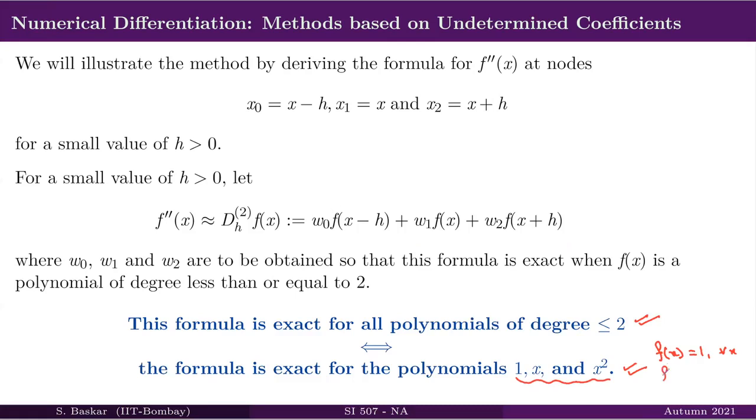And similarly, if f of x equals x, then also it gives the exact value, and if f of x is equal to x square, then also the finite difference formula is supposed to give the exact value for the double derivative of f, right? So you hope to get 3 equations by imposing these 3 conditions. And in our general form, we have 3 unknowns. Therefore, we hope to solve these 3 equations and get these 3 unknowns. Let us go ahead and put these 3 conditions and see how these 3 equations look.